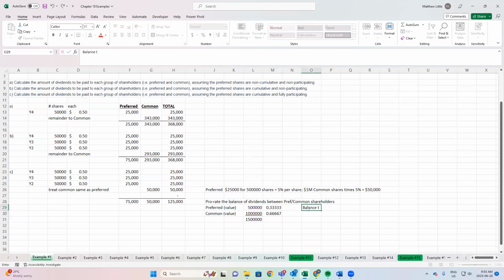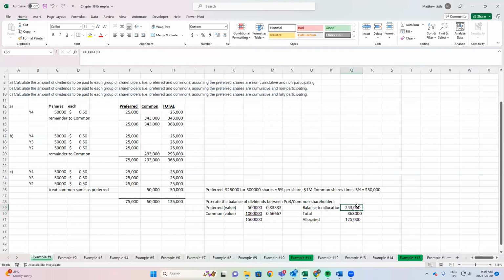The balance to allocate: we have a total of 368,000, and we allocated some so far, so the balance to allocate would be $243,000.